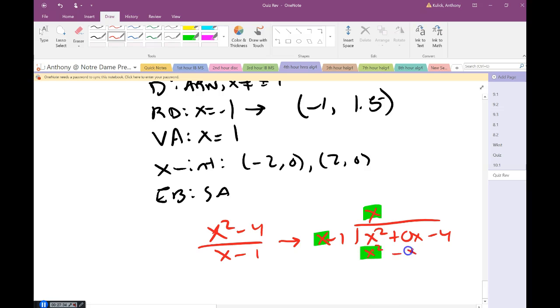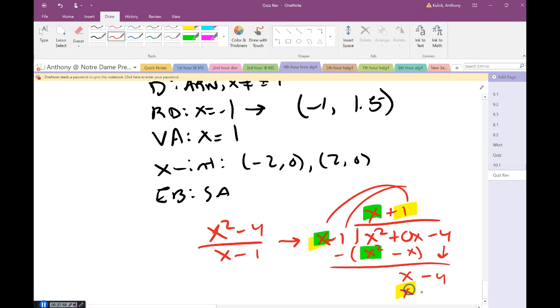So I get x squared minus x, and then subtract down. X squared minus x is 0. 0 minus a negative x is positive x, and I'll bring the minus 4 down. So 1 times x gives me x.